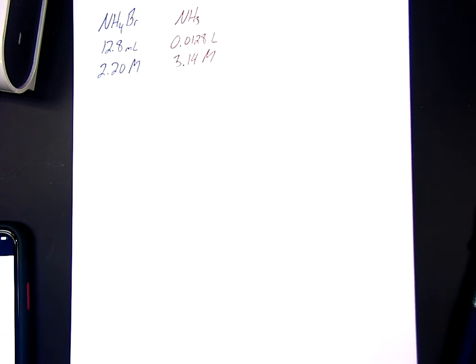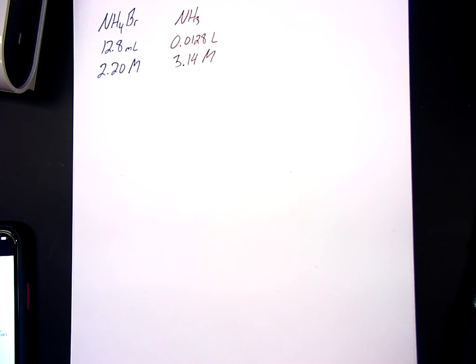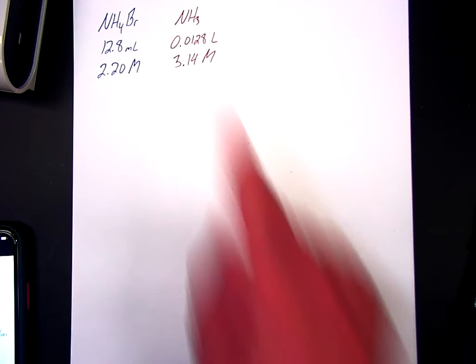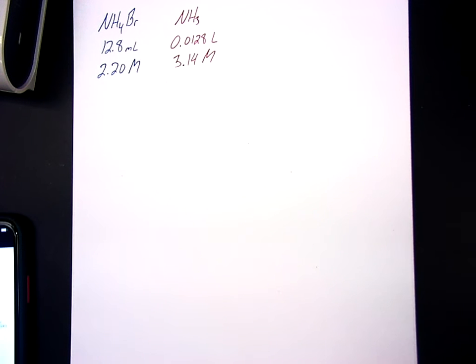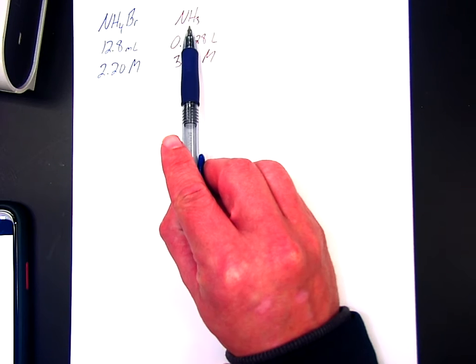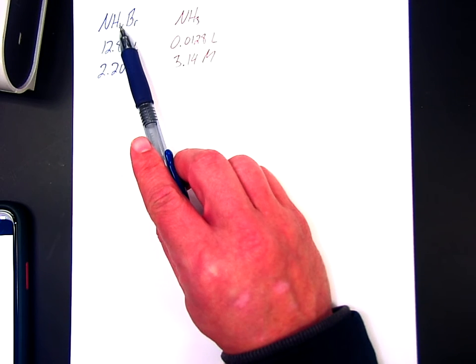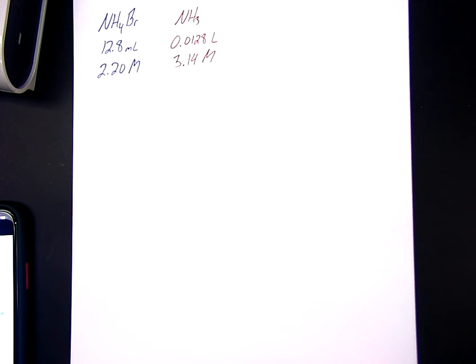All right, so here's my values. So we're going to be mixing these together, and what I can see is that it's definitely going to be a buffer because I've got my weak base here, and look, that NH4 hidden in the salt is the conjugate acid.